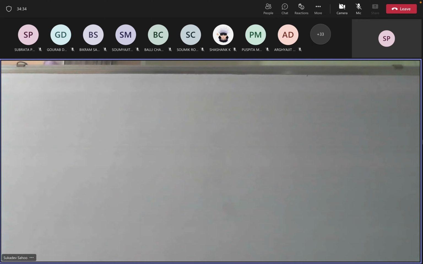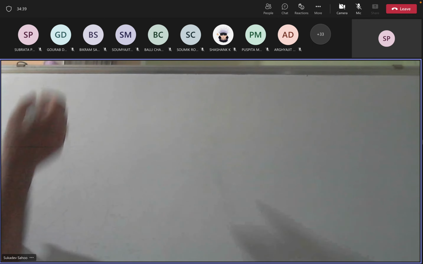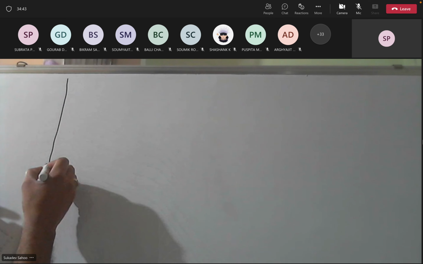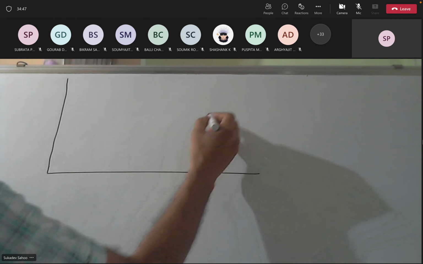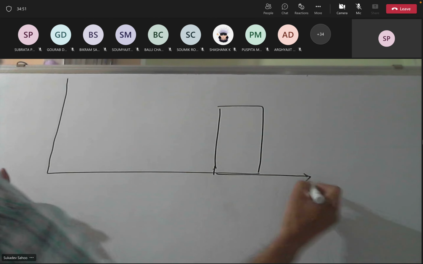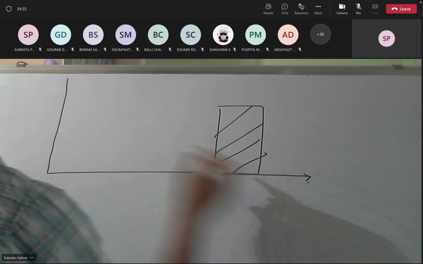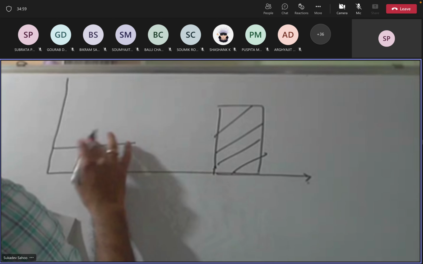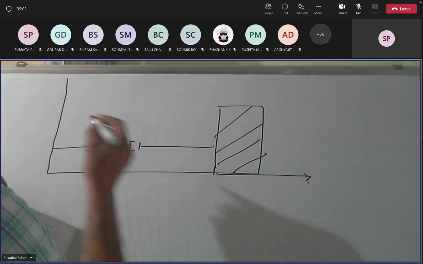Let us consider a body. So first, all of you draw the diagram. This is the body, at rest here, having mass M. Here one damper is present.